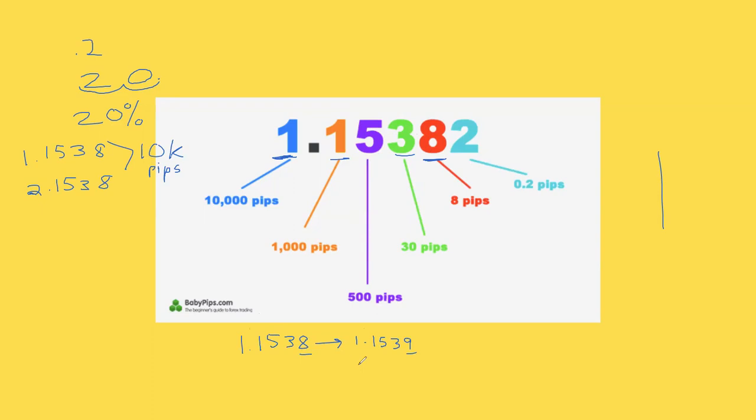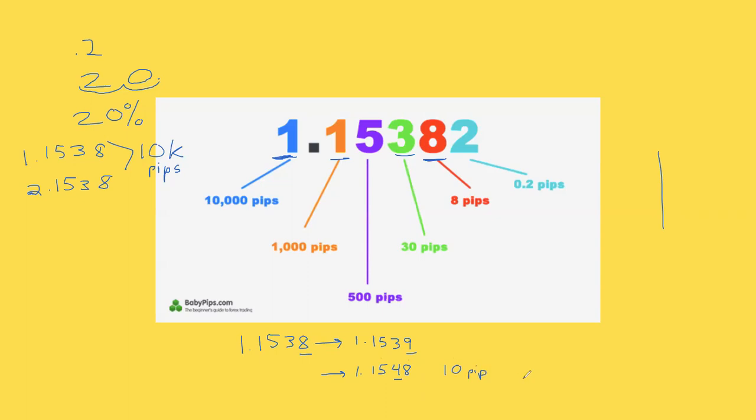So that will be 1 pip. But if that changed to 1.1548, now we move this decimal point. So now that's 10 pips. This will be a 10 pip difference.